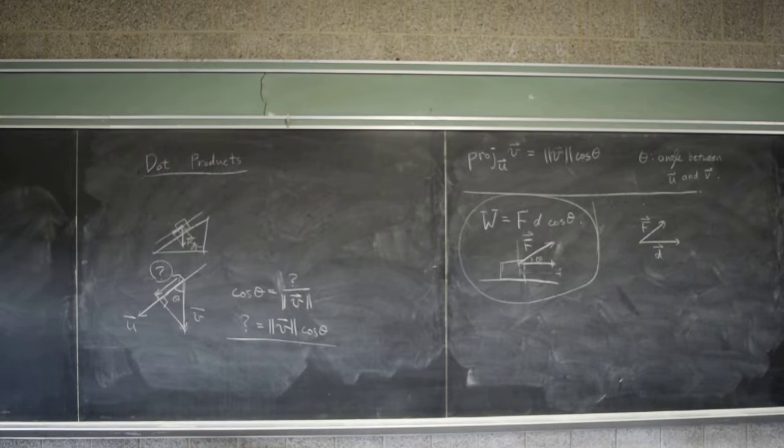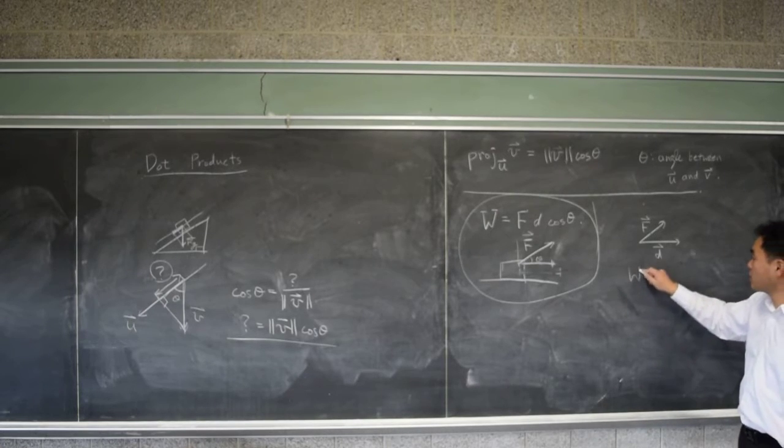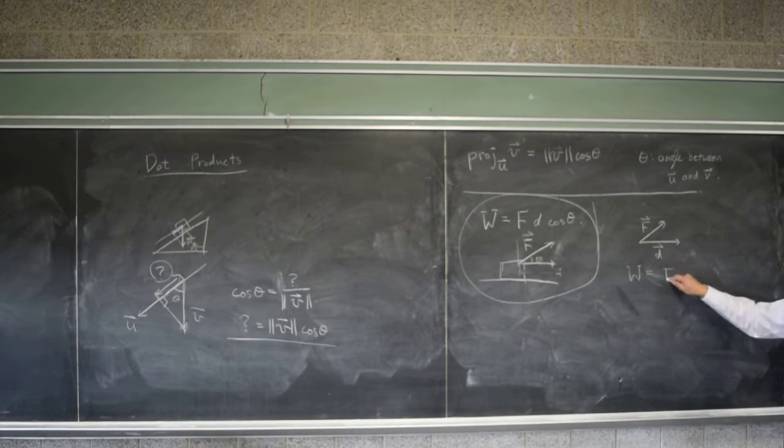And in this case, the work is obtained by taking the norm of the force, the magnitude of the distance, times the cosine of the angle theta. You can rewrite it like this.